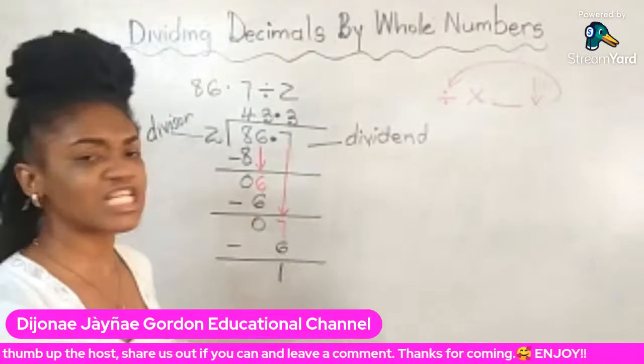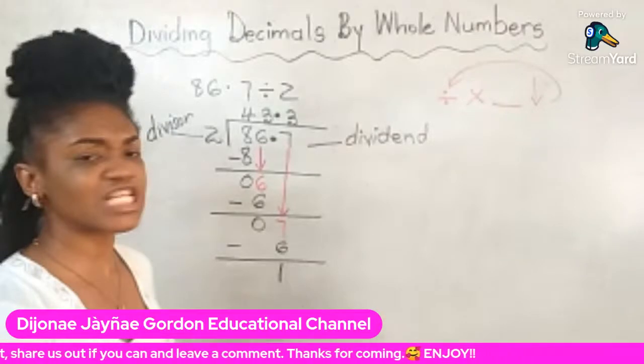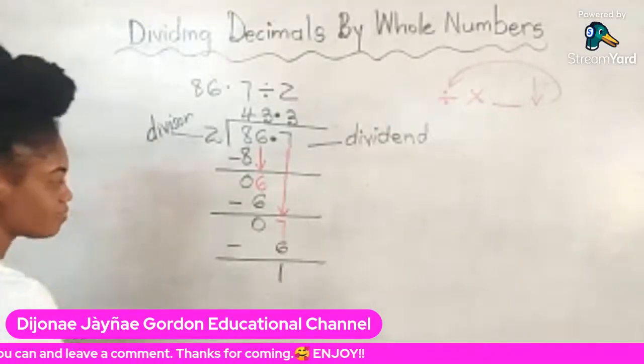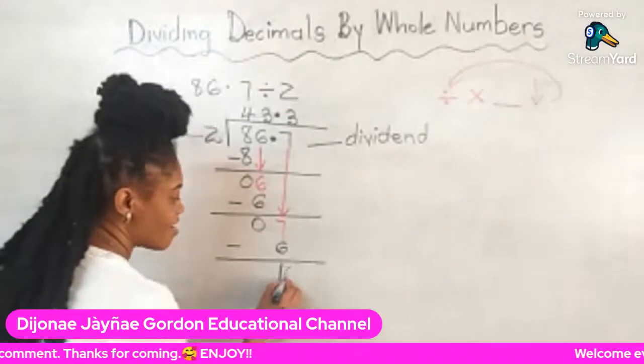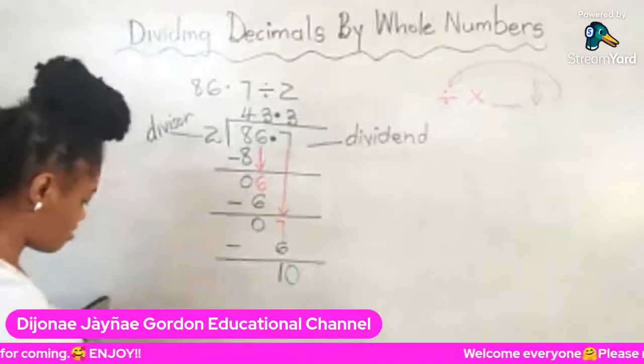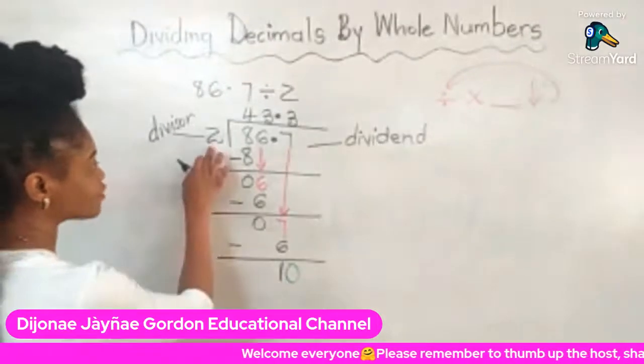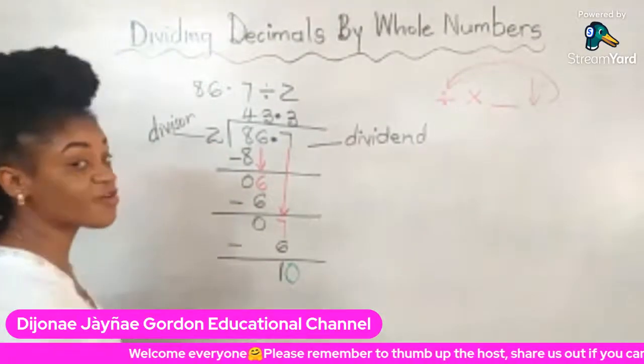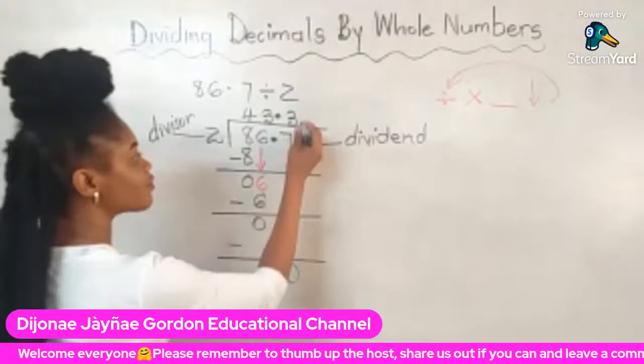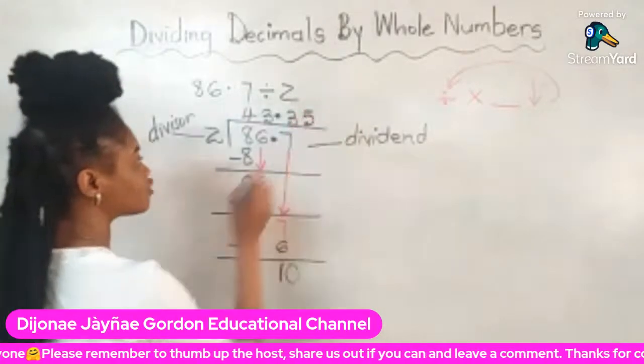But because we are doing decimal numbers, we are going to add a 0 right here, and we're going to continue. All right? Now we are going to say, how many groups of 2s can we get from 10? And of course, we have 5 groups of 2s.